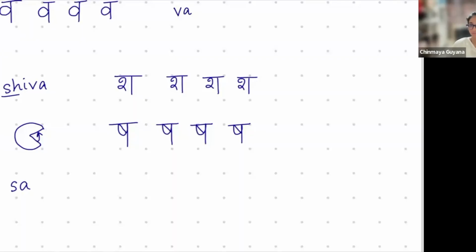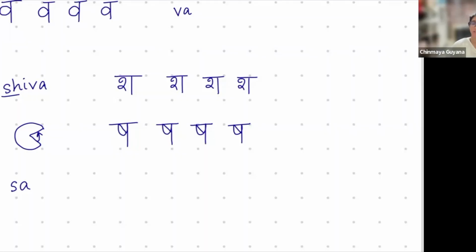Vishnu. The sh in Vishnu. It's also the sh in Sheshnag. Sheshnag has both. It starts with the first sha and it comes to the second sha.